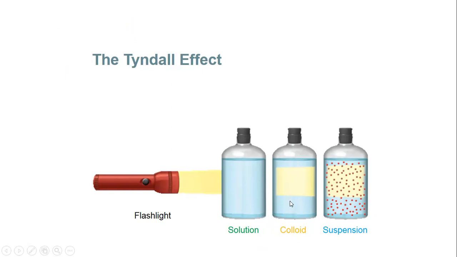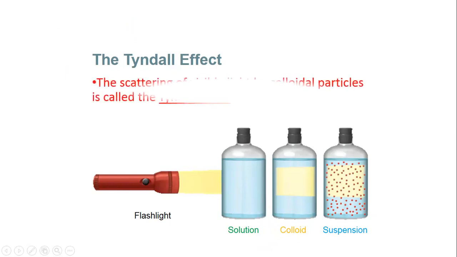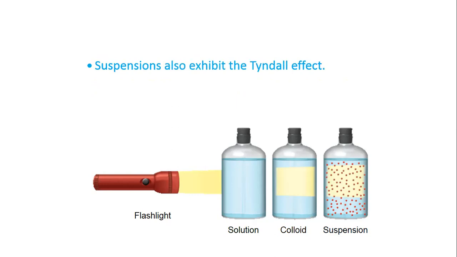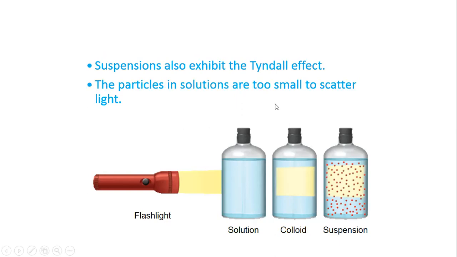In a colloid, we see a beam of light, whereas in a suspension, the light disperses. The scattering of visible light by colloidal particles is called the Tyndall effect. Suspensions also exhibit the Tyndall effect. The particles in a solution are too small to scatter light.